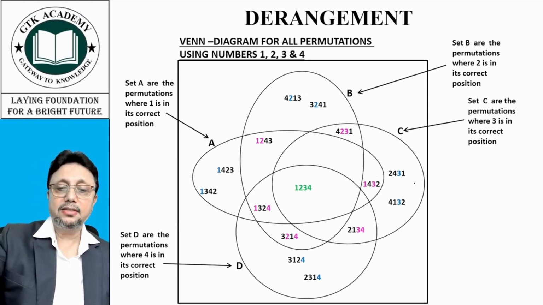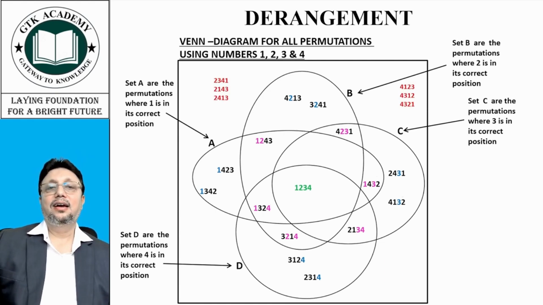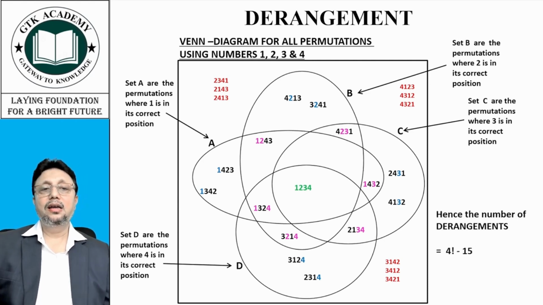How many are less? 9. They are the derangements. They will be outside. So that means again, number of derangements are factorial 4, the total permutation which were 24, and you have to subtract these 15 elements.